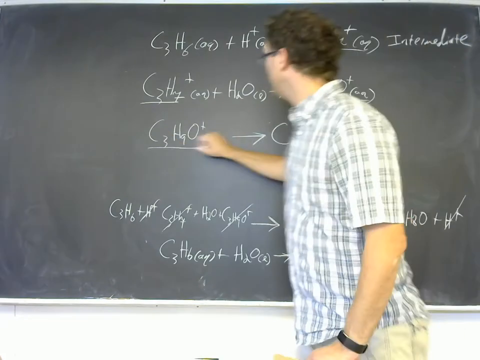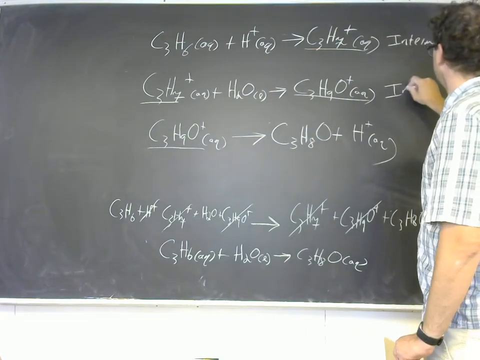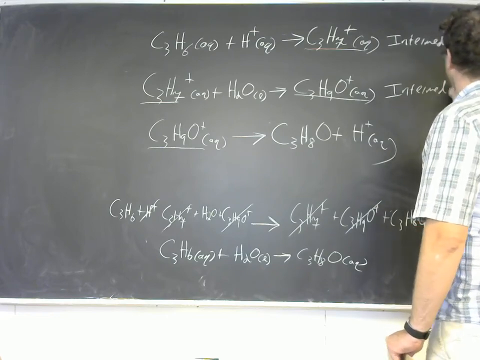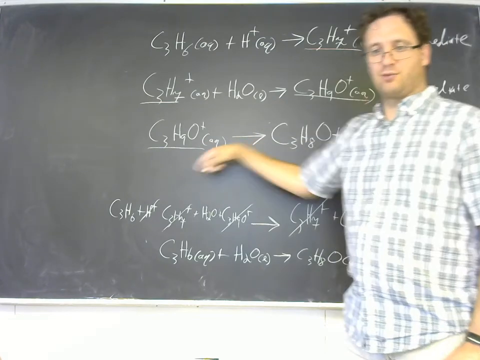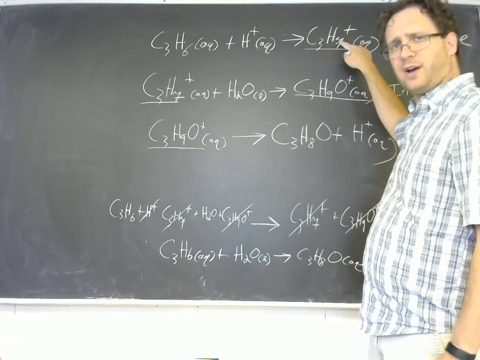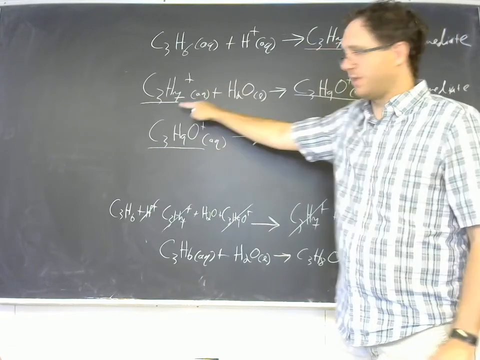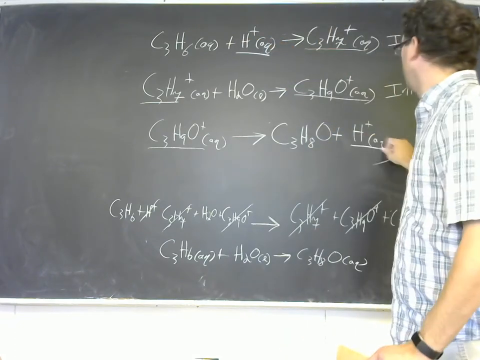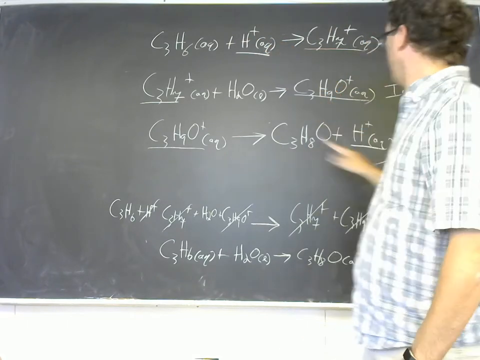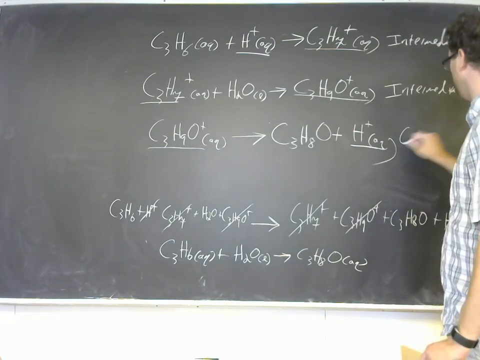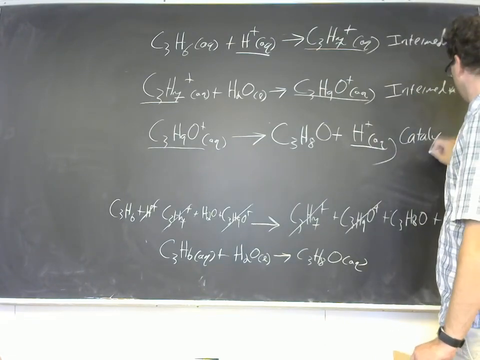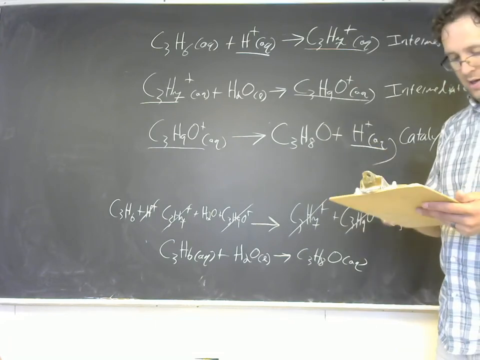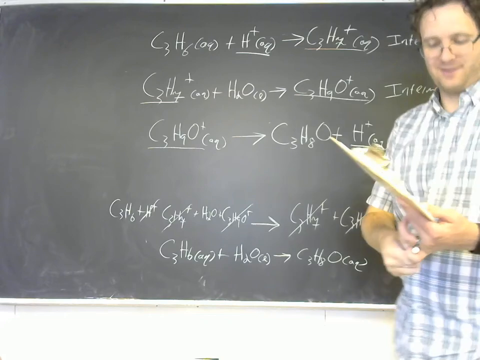C3H9O+ is also an intermediate, produced first and then consumed later. And then finally we have H+, which is consumed first and then regenerated later. That makes this a catalyst. Okay, and that's it for 14.6.